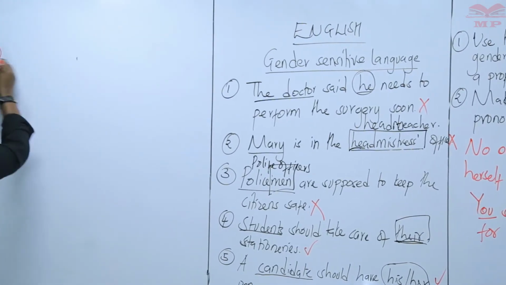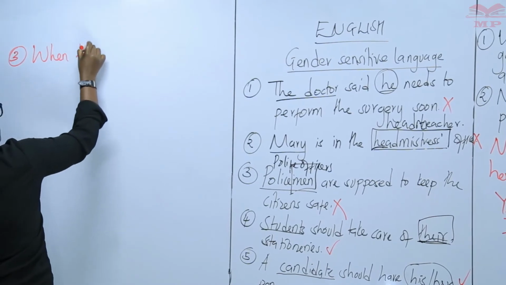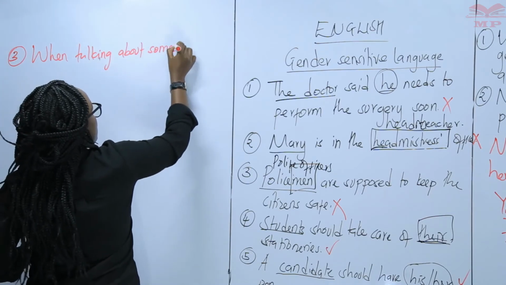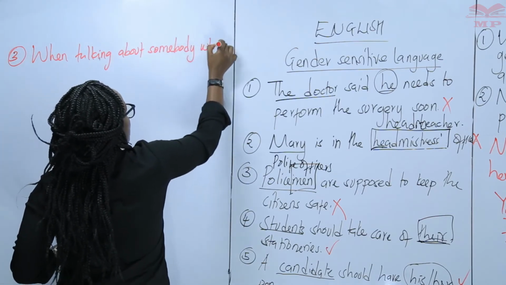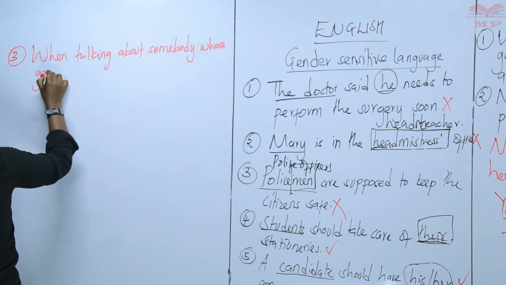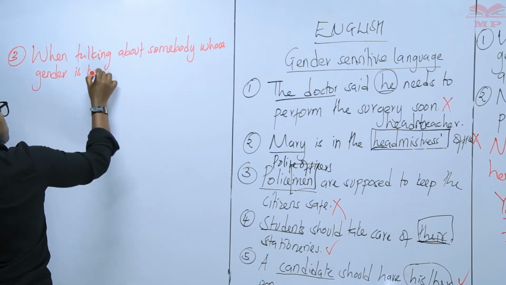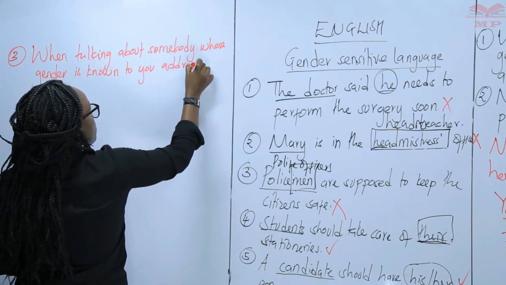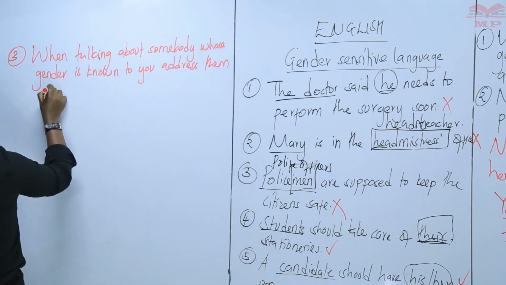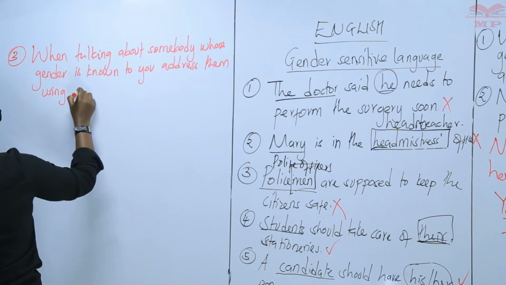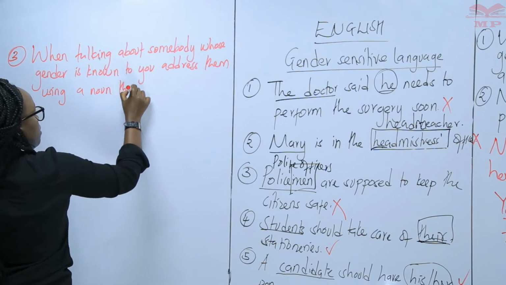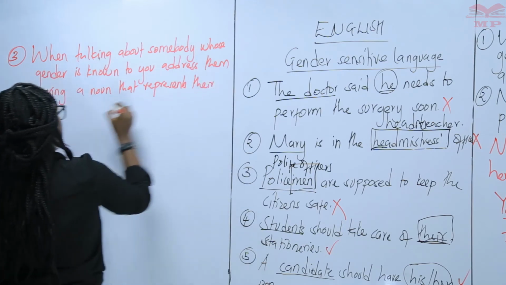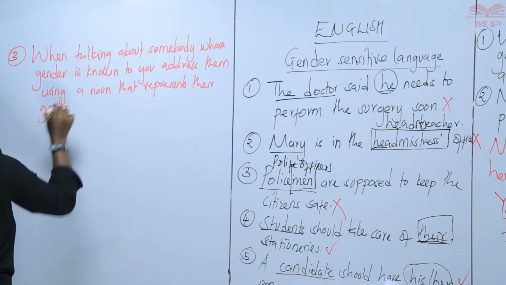Number 3, when talking about somebody whose gender you know, address them using a noun that represents their gender or use gender specific language.